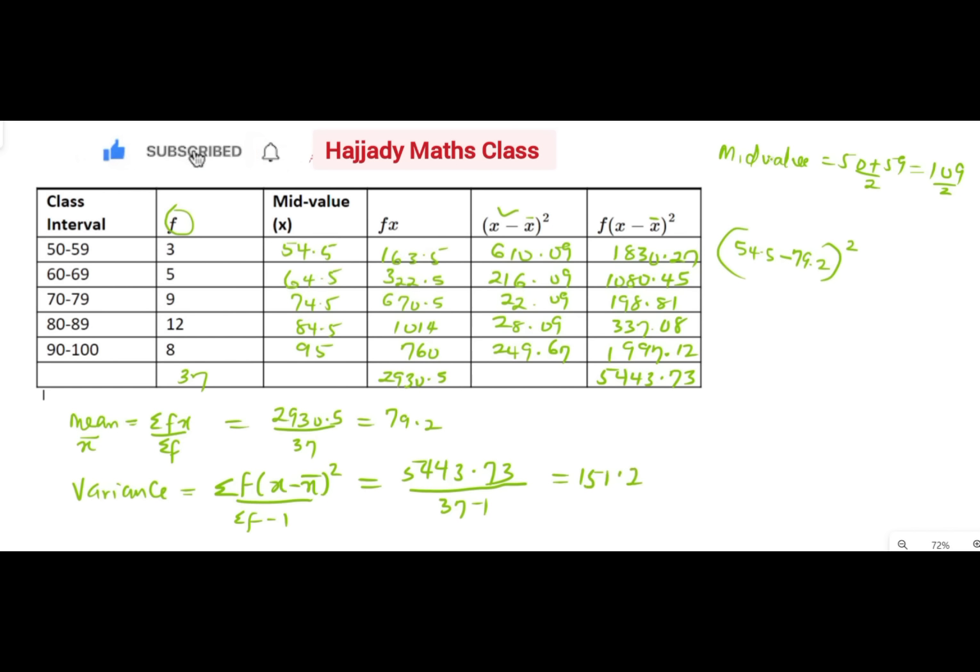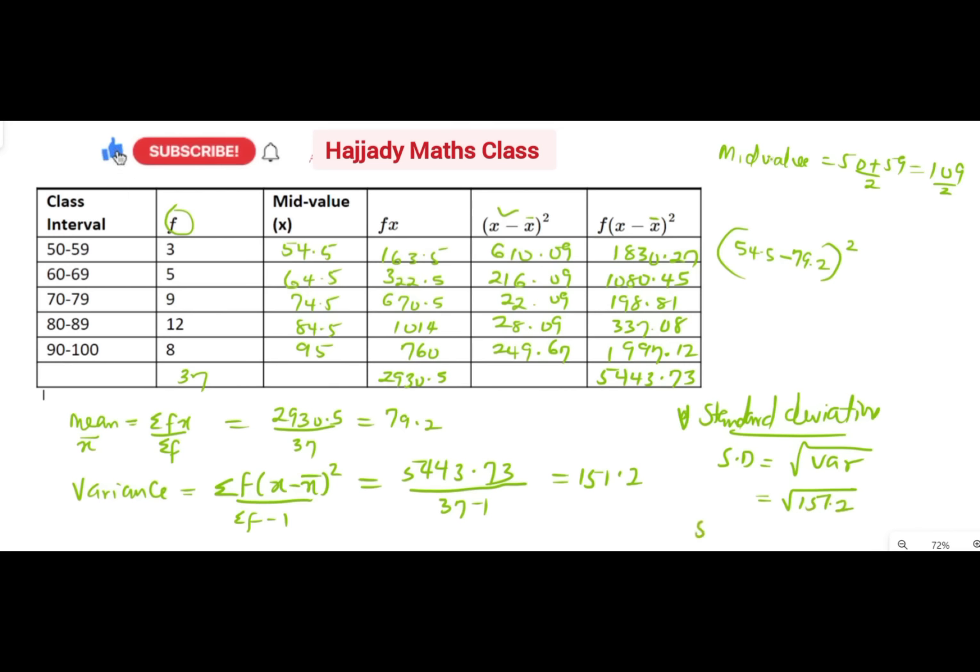And lastly, we are to get the standard deviation. From the last video, we know that our standard deviation, SD, is the same thing as the square root of our variance, which is the square root of 151.2, and my standard deviation is going to be 12.3. So that is it for the grouped data.